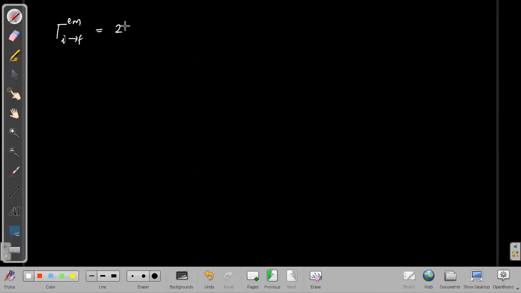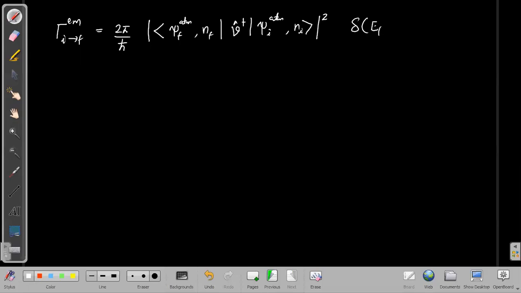That would be 2π/ħ times the mod square of the inner product ψ_f atom n_f, V dagger, ψ_i atom n_i, and the Dirac delta function E_f minus E_i plus ħω.